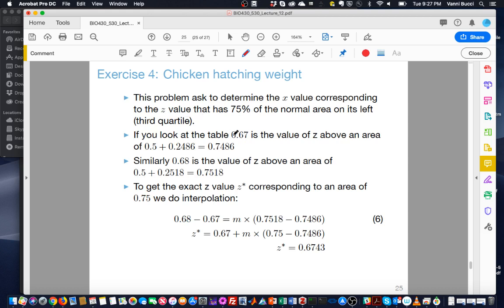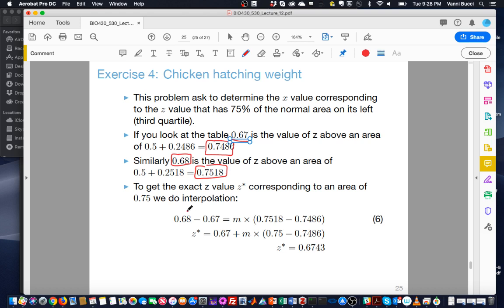We find that at the value of 0.67, I have an area corresponding to 74.86%. At the value of 0.68, I have an area that corresponds to 75.18%. None of these two values is exactly 75%. So what do we do? The idea is that I use linear interpolation. So how do I interpolate?